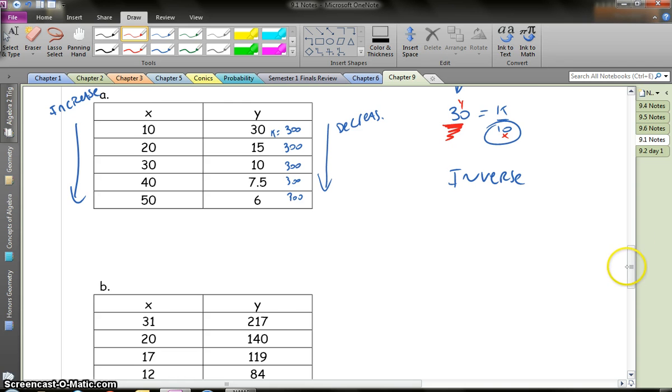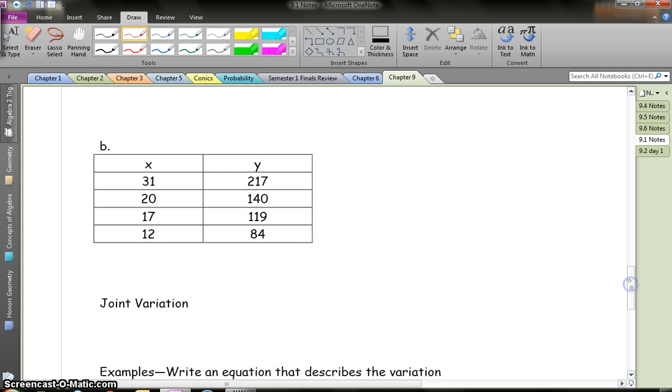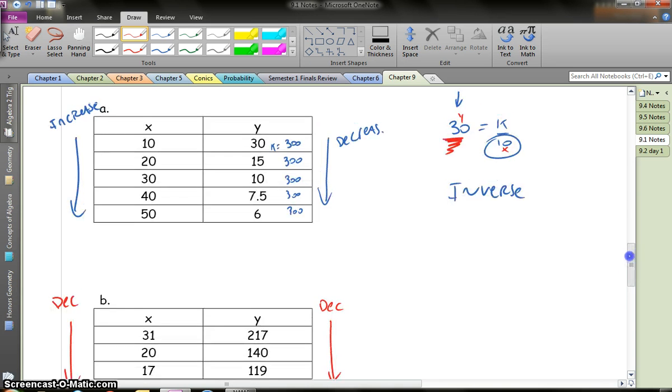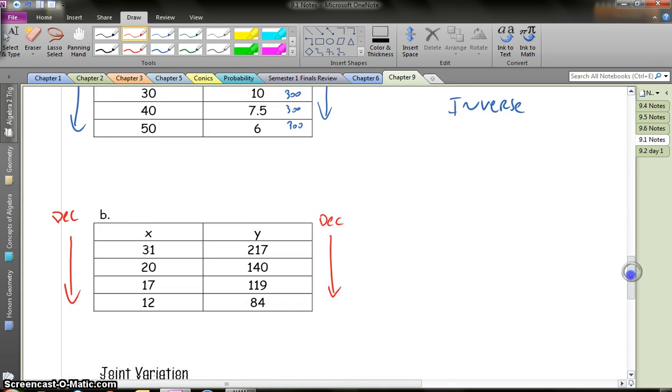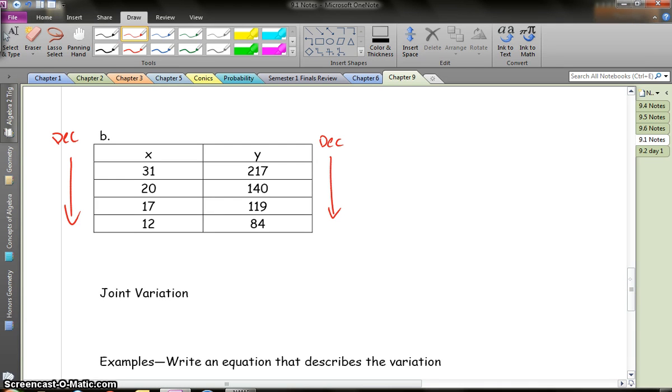Now, down here, your x is decreasing as your y is decreasing. Up here we had our x increasing as y was decreasing, so that was that relationship. Now down here, as your x gets smaller, your y is getting smaller. Well, that kind of makes sense, right?